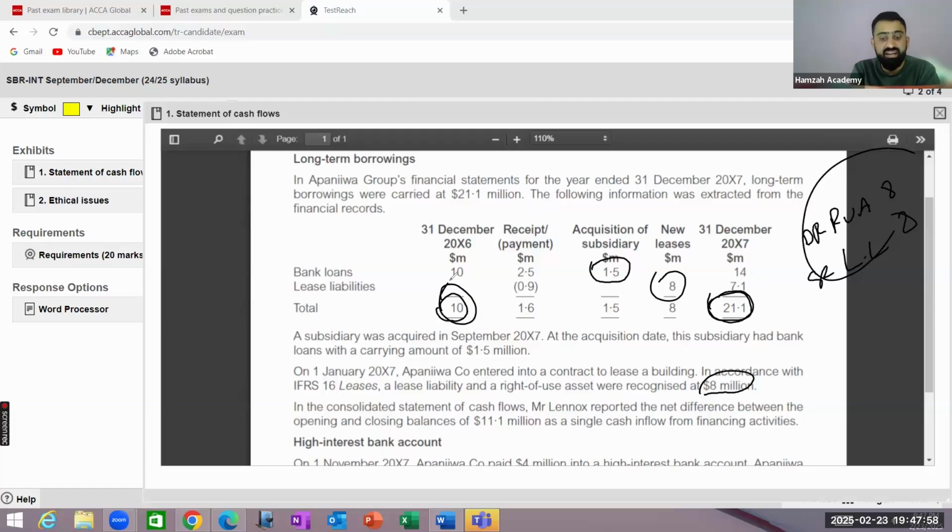Now, this is a pure accounting issue relating to the cash flow statement. First of all, are the long-term borrowings shown as a cash inflow or a cash outflow in a financing activity?